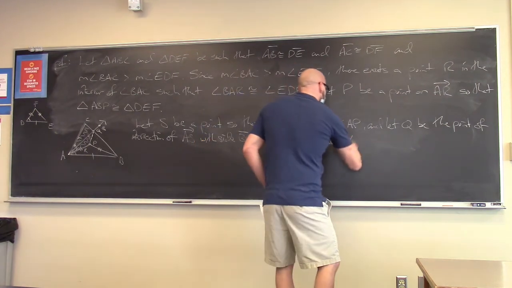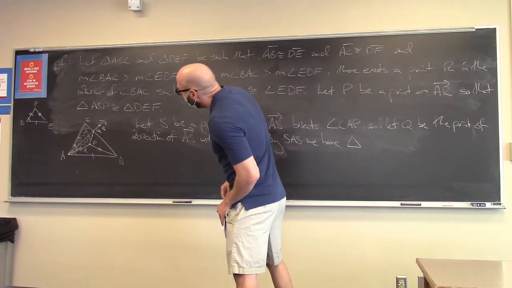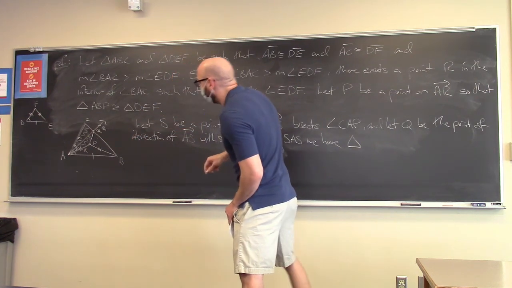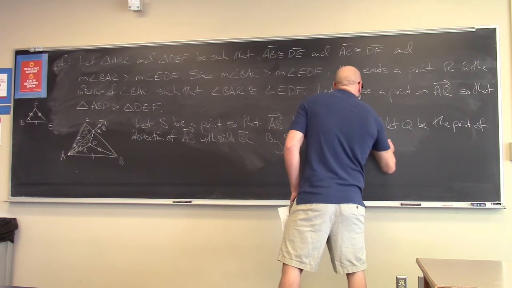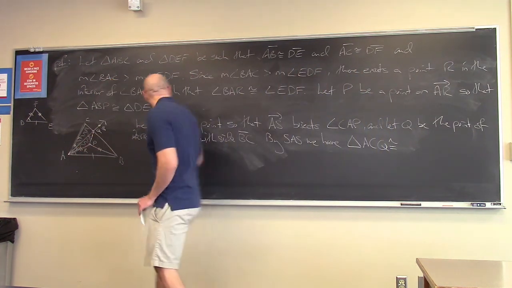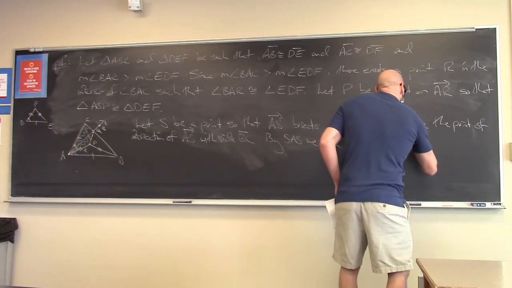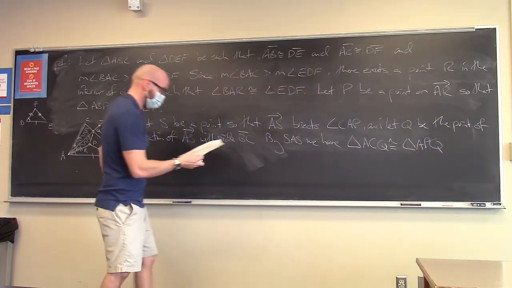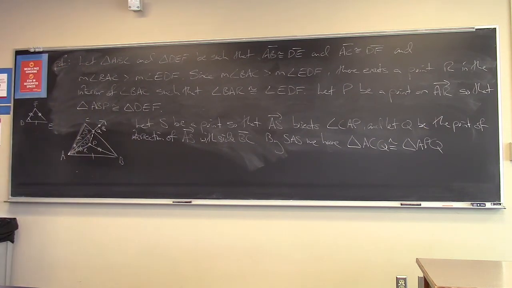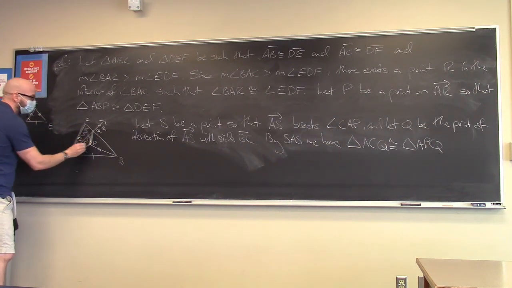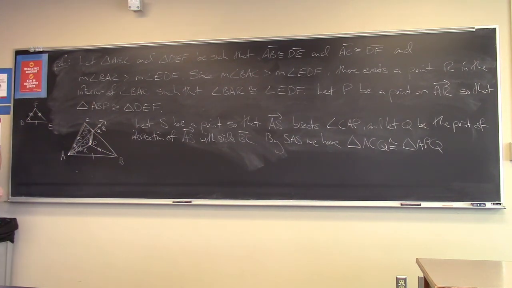All right, so by SAS we have the triangle, let's call it ACQ. I'm going to go ACQ. ACQ is congruent to triangle APQ, thank you. APQ. And in particular, what I really want from that is the fact that this means this side PQ is the same length as this side CQ.